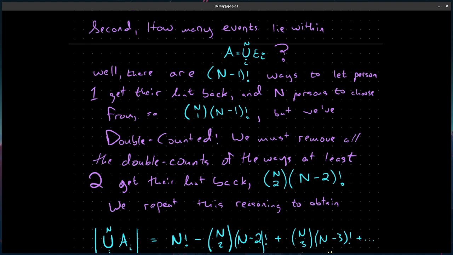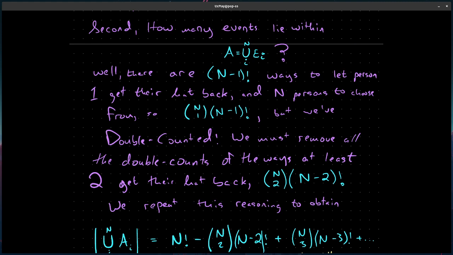Now, if we take the preceding argument and say, well, the person at index 0 gets their hat back, and we're going to do some arbitrary permutation on everyone else getting their hat, then that arbitrary permutation at least included the possibility that everyone else got their hat back, no one else got their hat back, one other person got their hat back, and everything in between. So when we go on to index 1 and we fix index 1, person 0 is going to get their hat back again in some of the new experimental results.